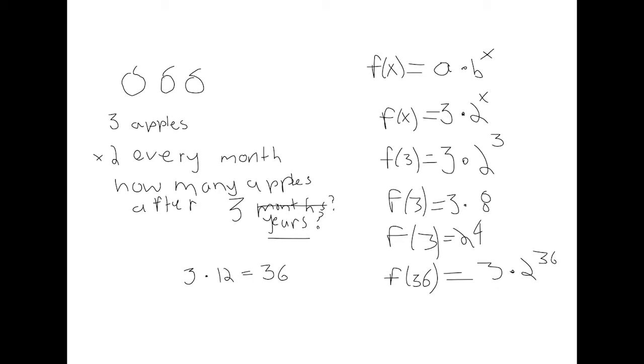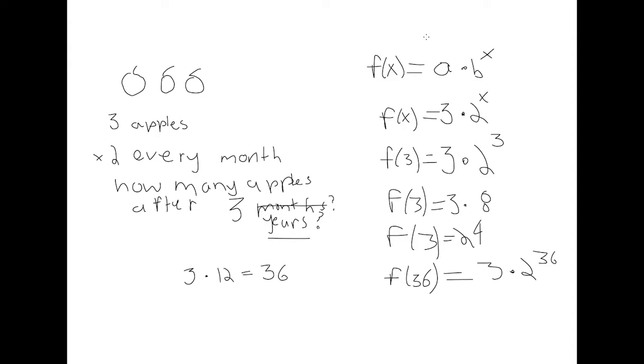And I'm not going to solve that, but you're welcome to. Yeah, so f of 36 equals 3, which is our initial amount, right? Times 2, which is how much we're multiplying by every month, to the power of 36, which is how many months we're actually multiplying by 2.